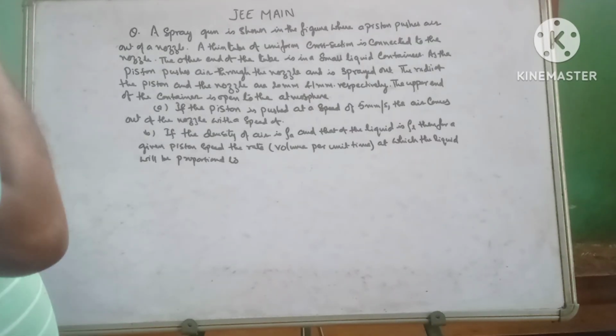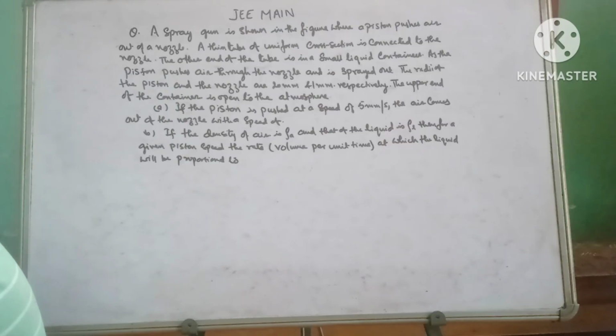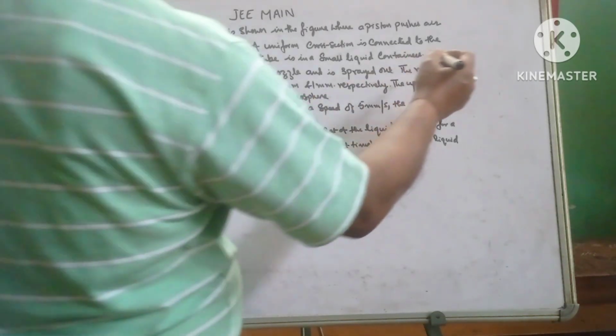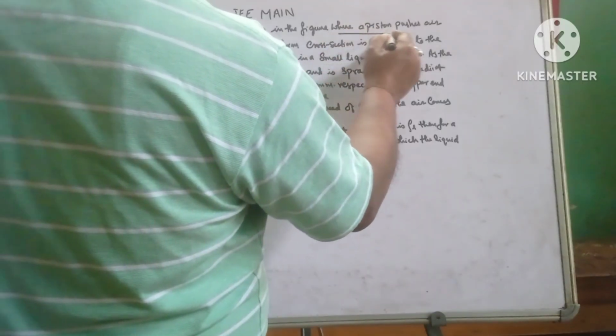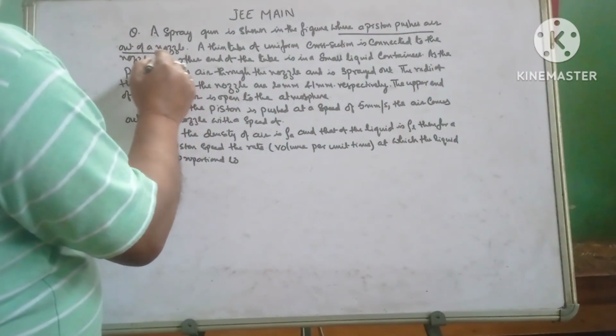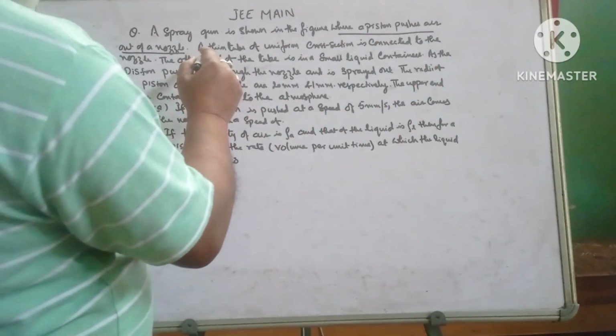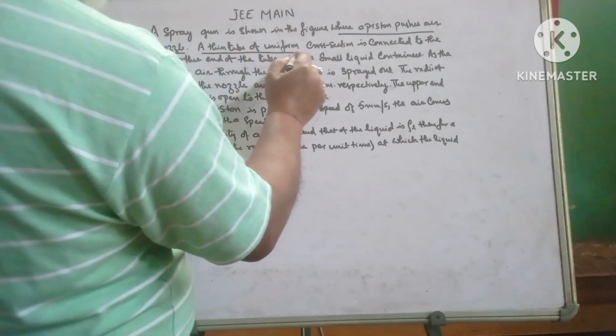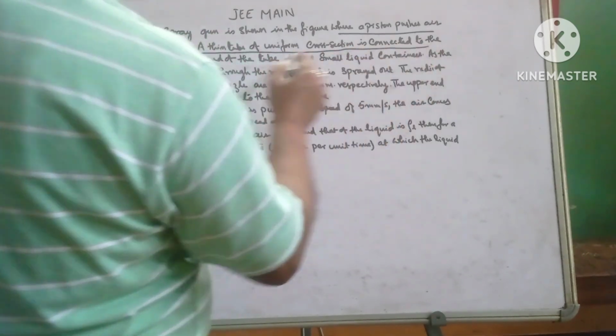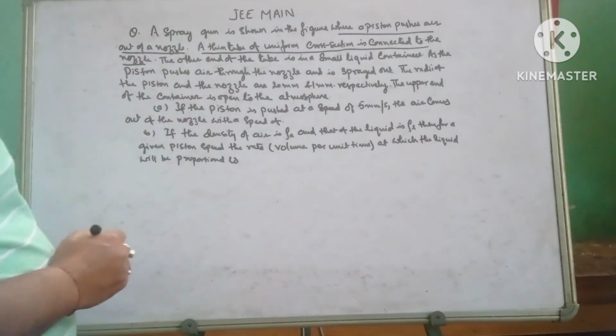Now here you see a spray gun is shown in the figure. That means the spray gun where a piston pushes air out of a nozzle. A thin tube of uniform cross section is connected to the nozzle.